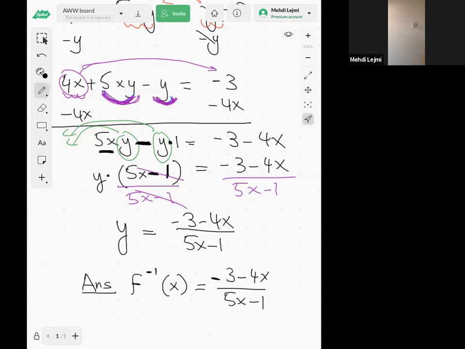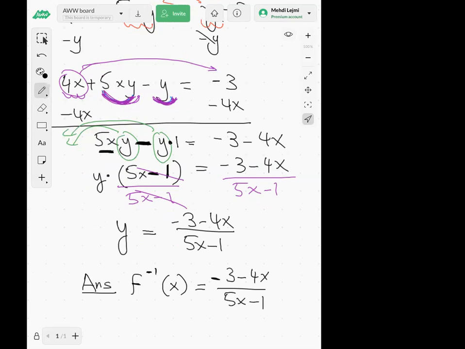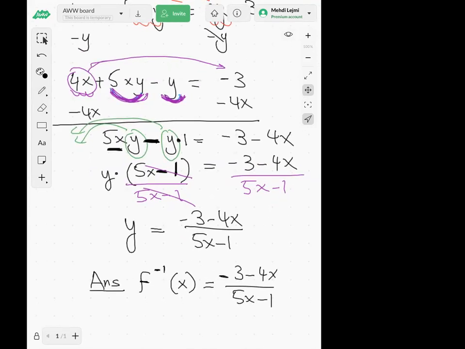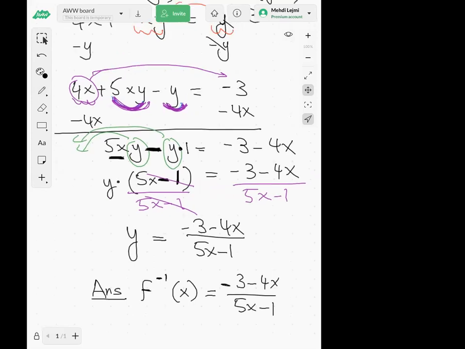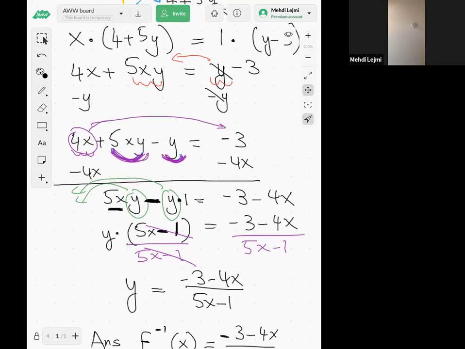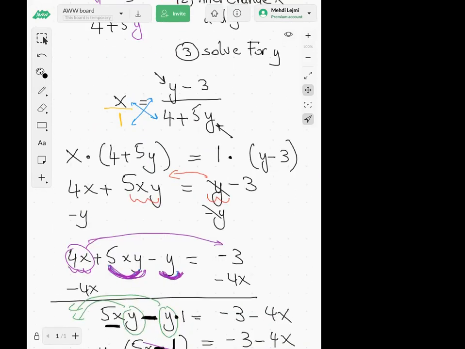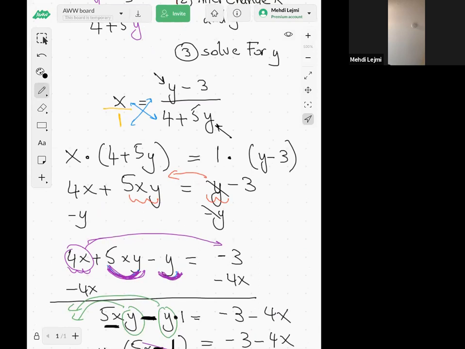Professor, I have two questions. My first question is, when we find the inverse of problems, are we always able to cross multiply, or are there sometimes where we can't do that? The idea is, whenever you have fractions, like here, because I have this right side, I do have a fraction, right? When you have a fraction, I think the easiest thing to do is to cross multiply, and then you can solve your equation.